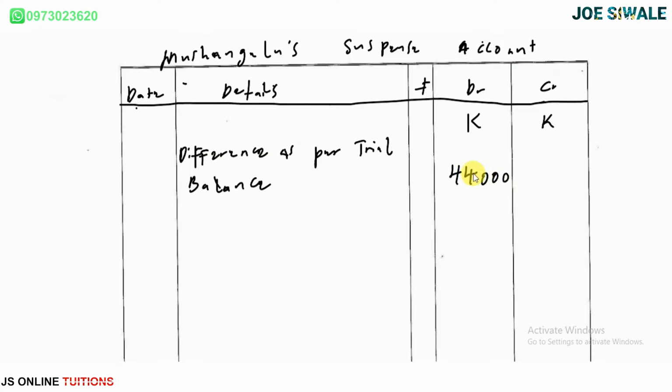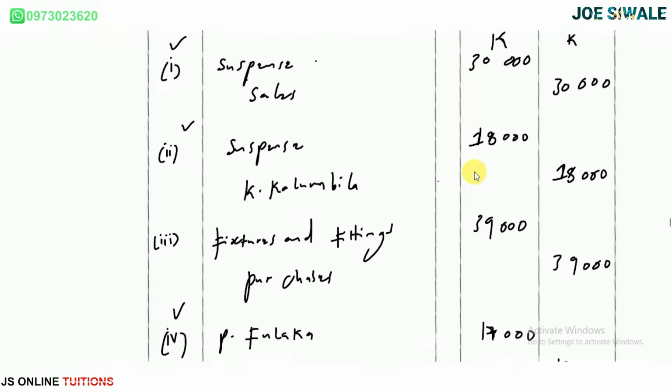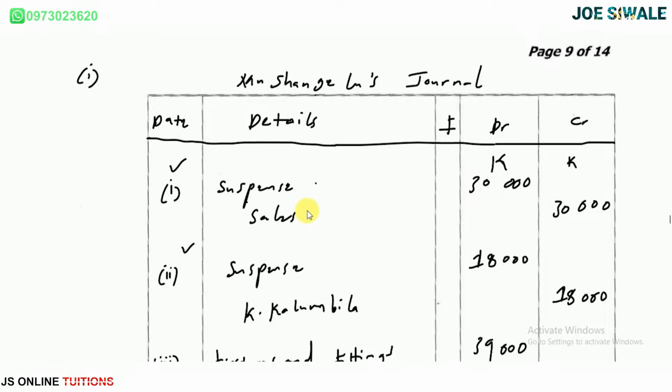So let us look at the journal entries and look at the transactions that were affected by the suspense.